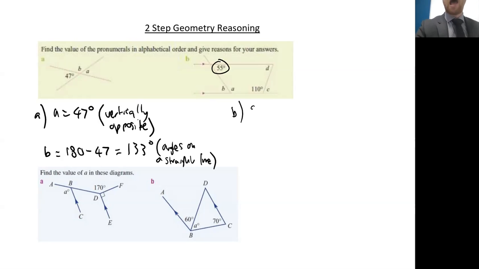So I know therefore that A is going to be 180 minus 55, which equals 145. Oh, hang on, no, 135. Is that right? 125. Got there?